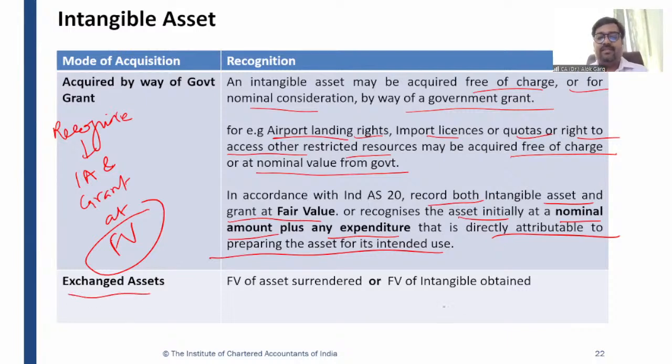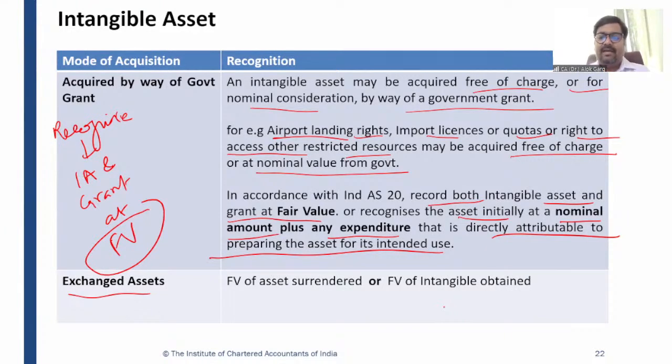Coming to the exchange of assets, guys, what we have discussed in case of exchange of assets is that if an entity is acquiring an intangible asset in consideration of providing some other non-monetary asset, or a combination of some non-monetary asset plus cash, right?